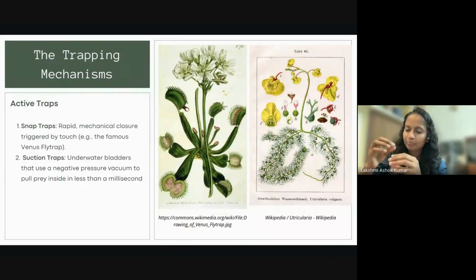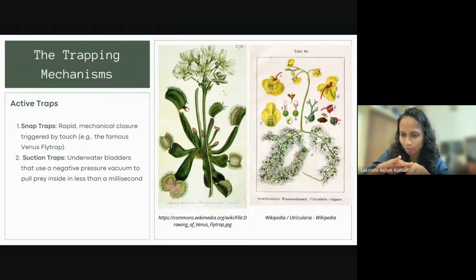So those hairs will detect movement of any organisms passing by, and these traps are usually closed and vacuum. So what happens is, when the feelers get some kind of movement detected, they will simply open up the door.